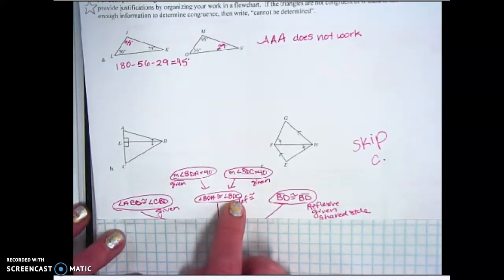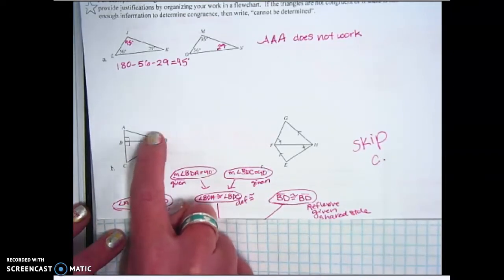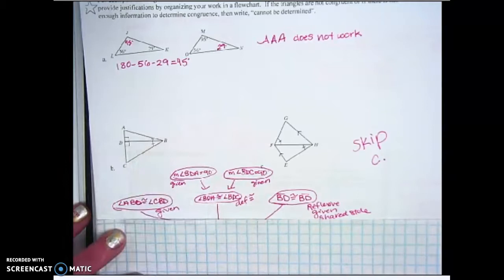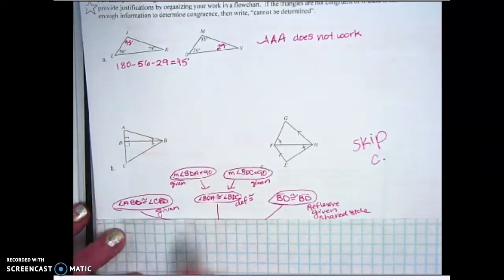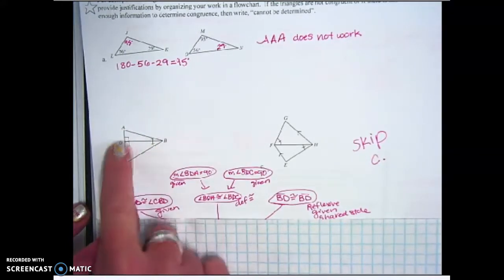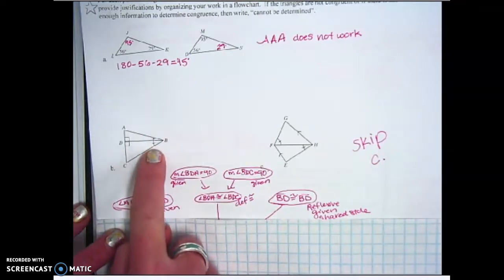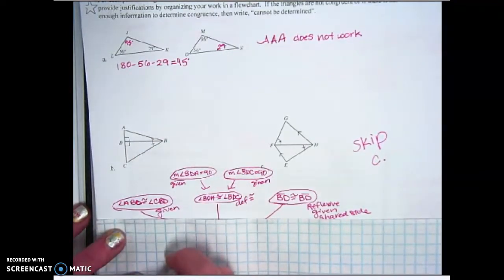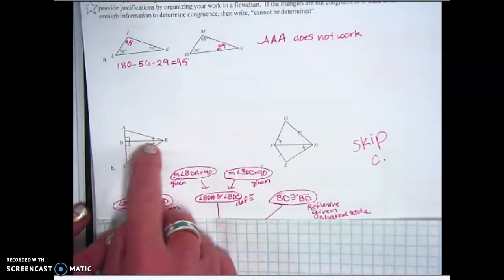The other information that we've got is this little arc mark with a tick on it and an arc mark with a tick on it. The arc marks with the tick on them mean that they are congruent to each other. So we're going to say that angle ABD is congruent to angle CBD, and that's given because of the arc marks. The third piece of information that we've got is this shared side right here.